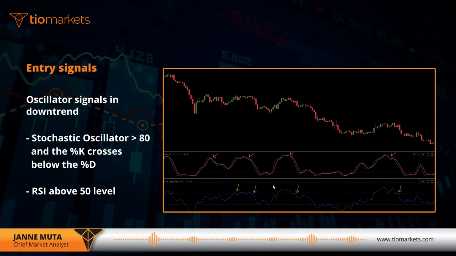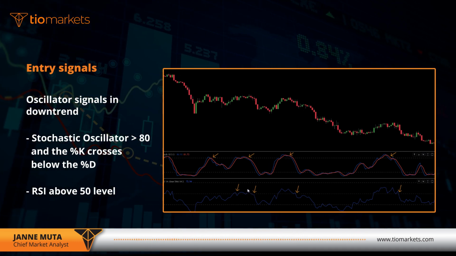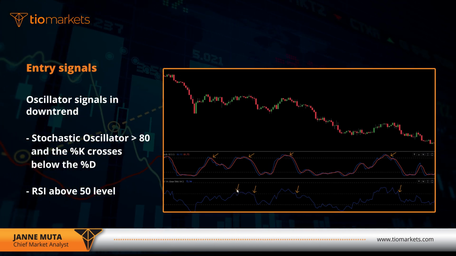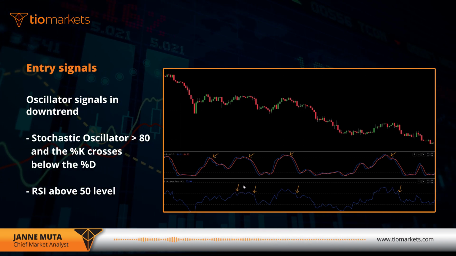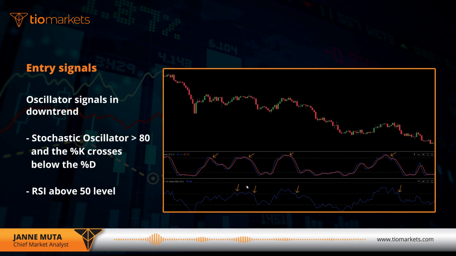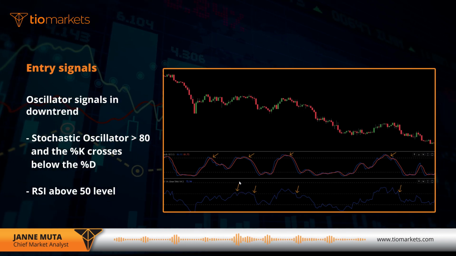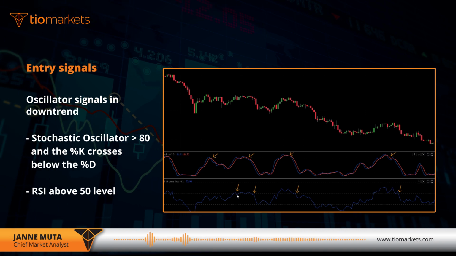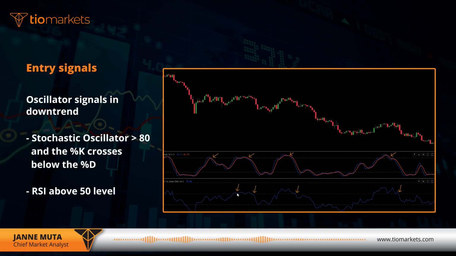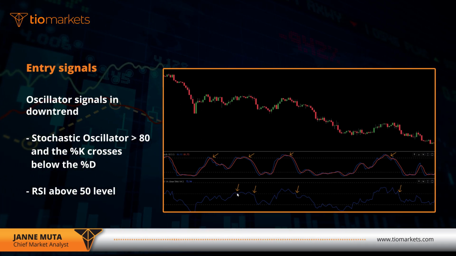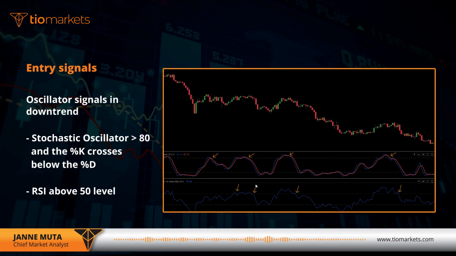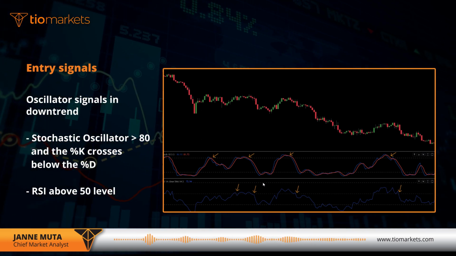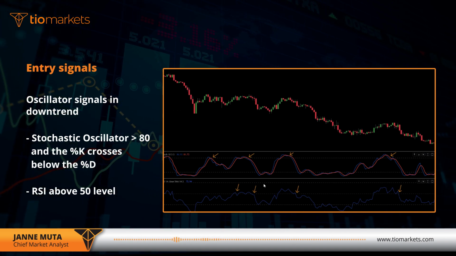And the same goes with RSI. This is RSI 14 periods. It just gives the signals at slightly different times, but the principle is the same. You look for RSI above the 50 level because when the market is trending lower, the RSI rarely goes above the threshold level where it would be overbought.